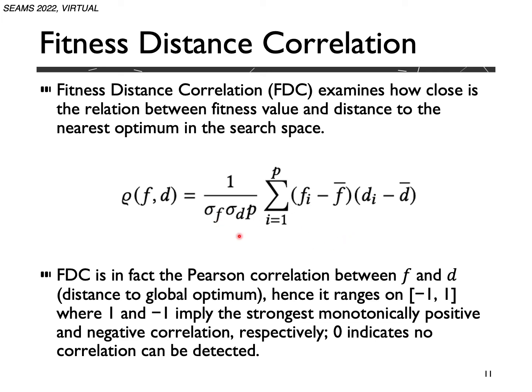If we are minimizing the performance and the two values change in the same trend, then the guidance is very strong, because once we reduce the distance to the global optimum, we will get better results.